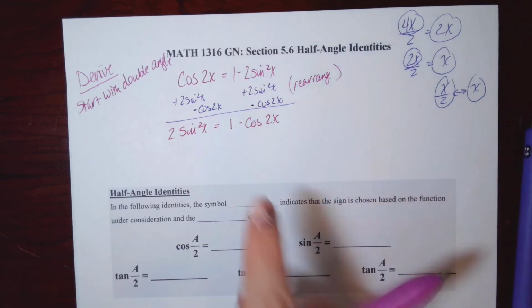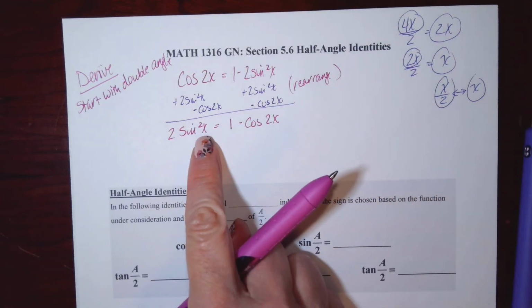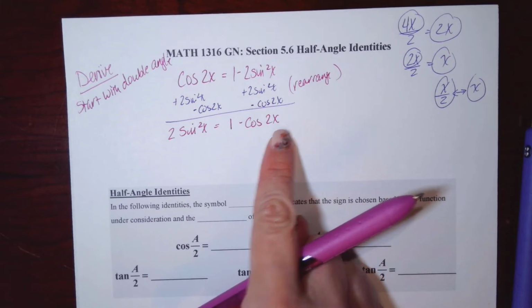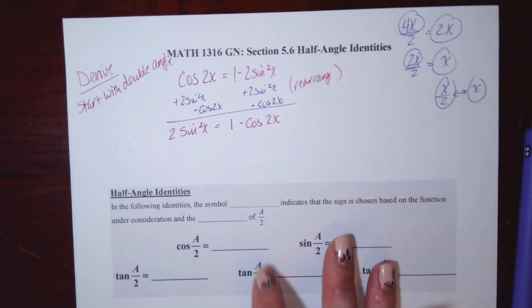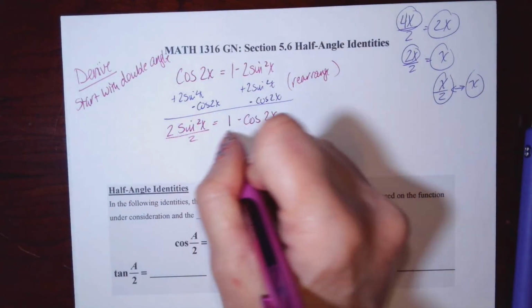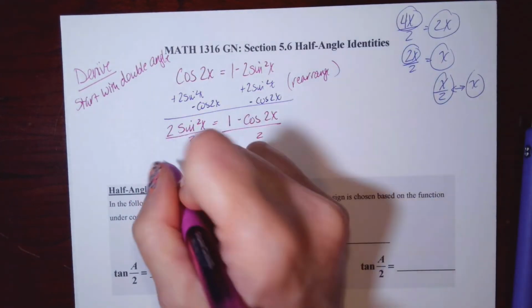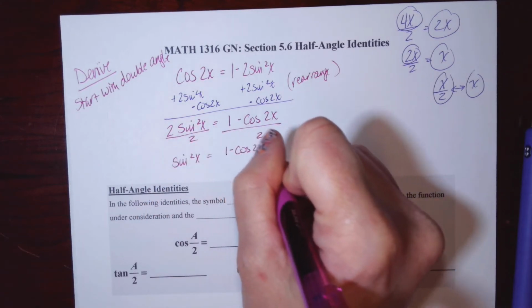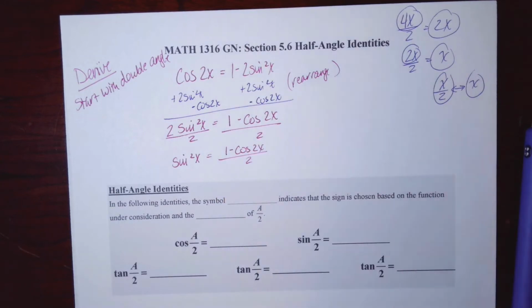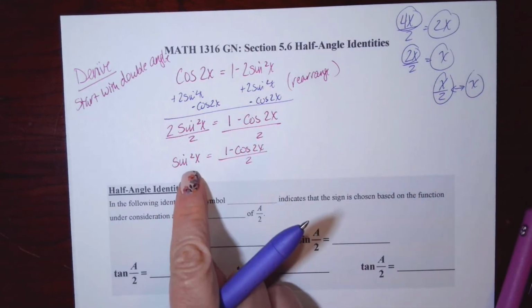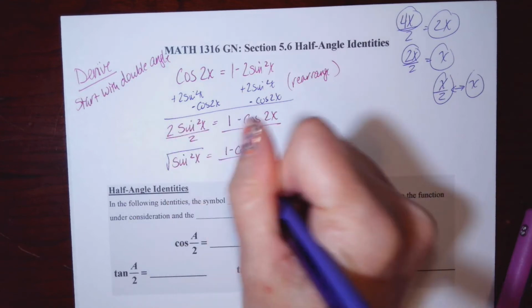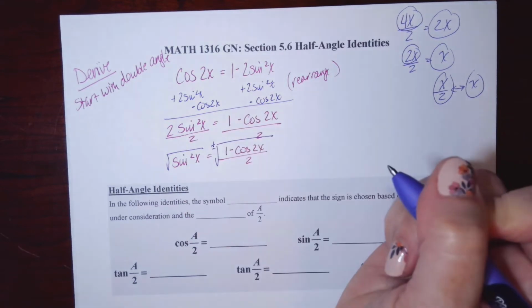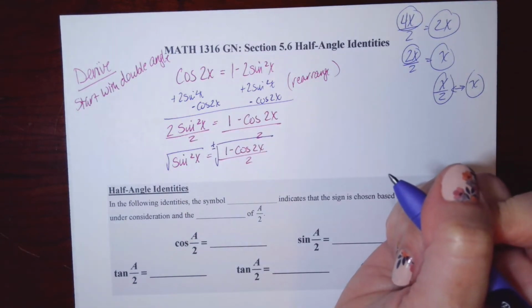Well, now I have it set up where x is the argument on the left. It is half of the argument on the right, the 2x. So now we're just going to solve for sine of x. I need to divide both sides by 2, and that gives me sine squared x equals 1 minus cosine 2x all over 2. And then to finish solving for sine x, I'm going to need to take the square root of both sides. Since I'm solving for an unknown, when I take the square root, I have to consider plus or minus.